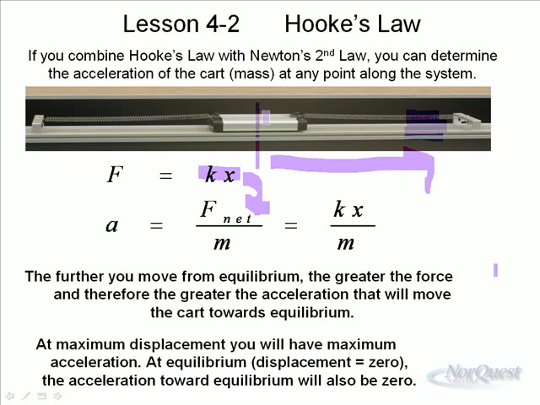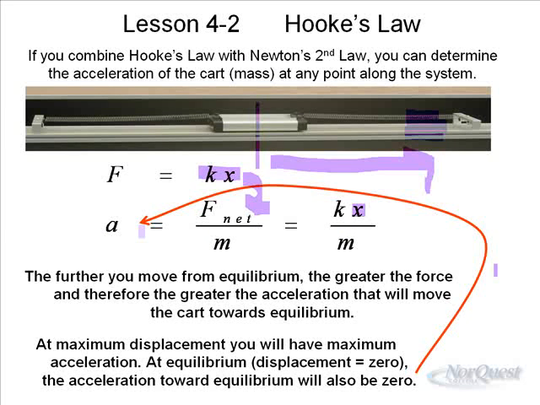As it goes through equilibrium, x equals 0, and therefore the acceleration at equilibrium is equal to 0 as well. So the acceleration depends on how far you are from the equilibrium position. If you're further away, you have a greater acceleration. If you're close or at equilibrium, you have 0 acceleration.